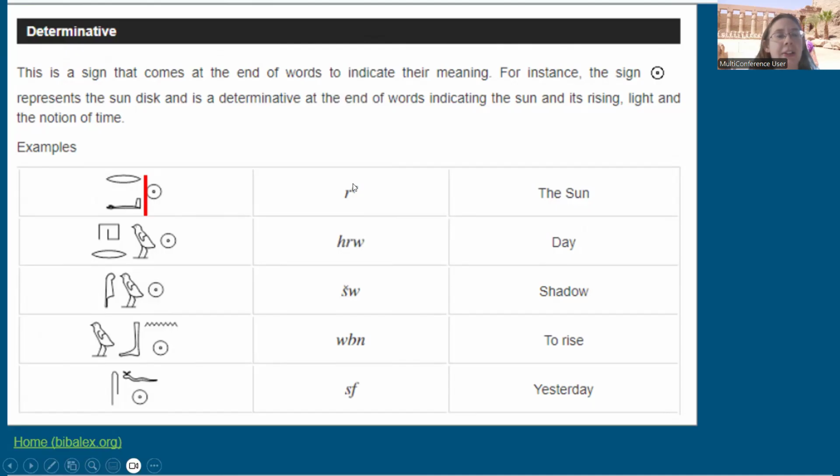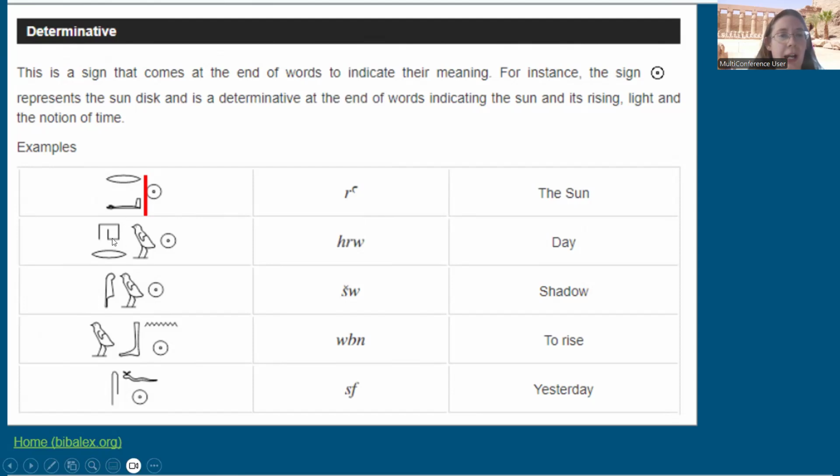And that means the sun, as in the sun in the sky, because there's a different word for sun as in biological relation, and that has different images. So this is just a visual illustration of how determinatives work.